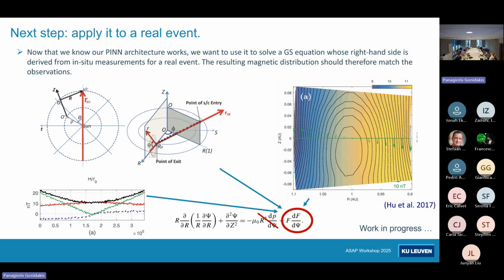So we don't need an initial condition for the code. We only need to say the solution should solve this equation, and it's the only thing that we say: find a solution for this equation.